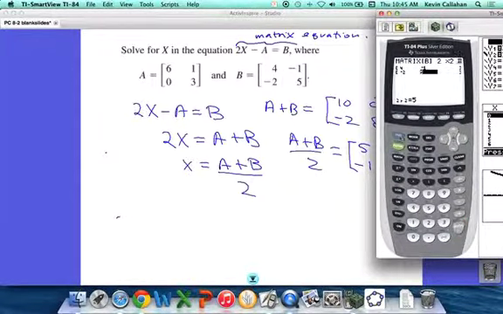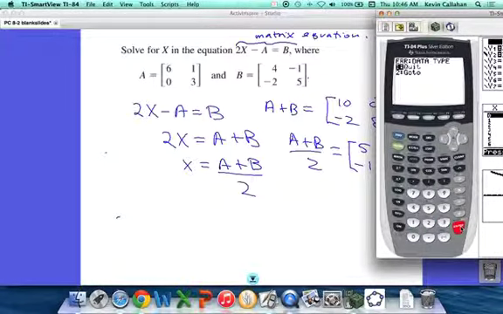Looks good. So now I go back to the main screen, and I want to do A plus B divided by 2. I'm going to use parentheses here. Matrix 1 plus matrix 2 and parenthesis divided by 2.